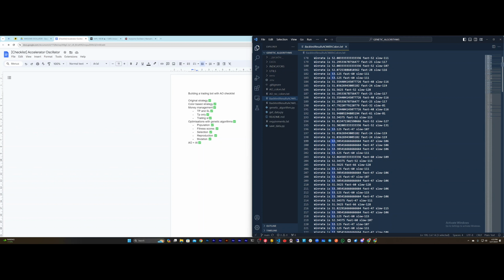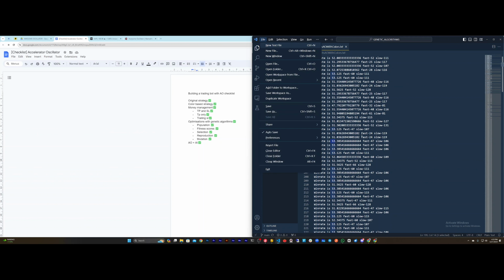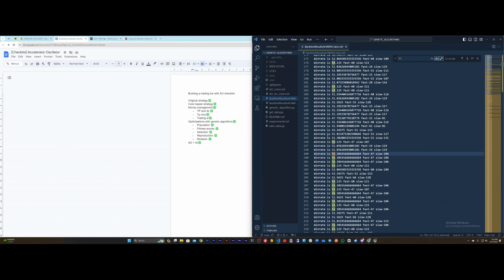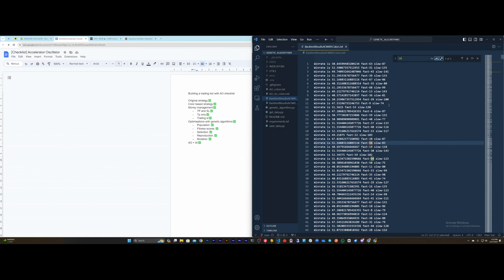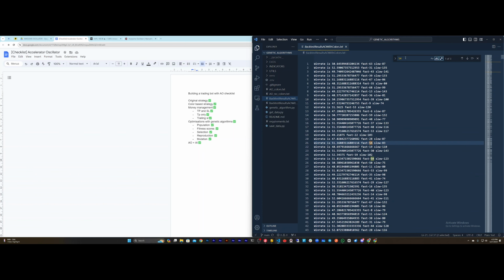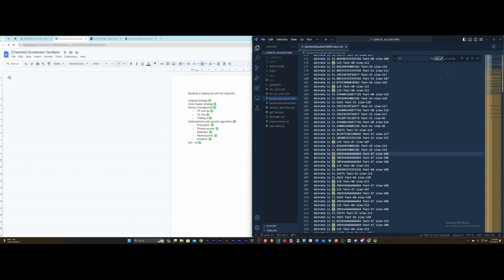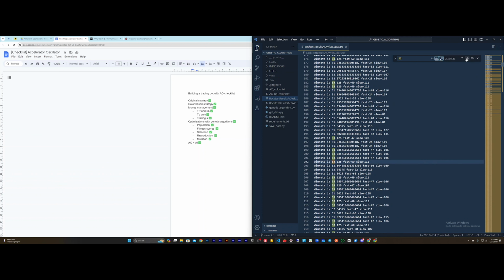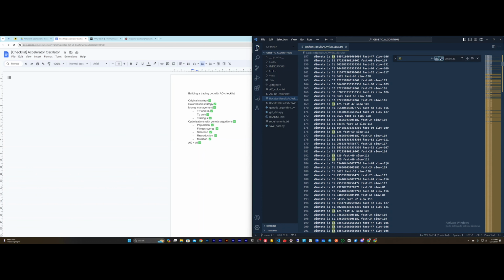Let me just check whether I have a 53. I don't think I had a 54. Yeah, I didn't get a 54. That was a win rate. So I was getting 53 point something. Very many 53s actually.